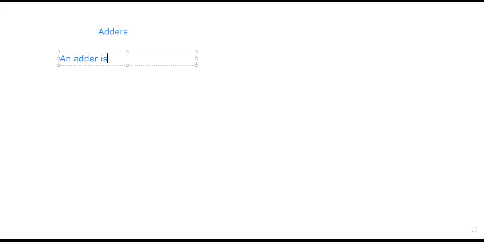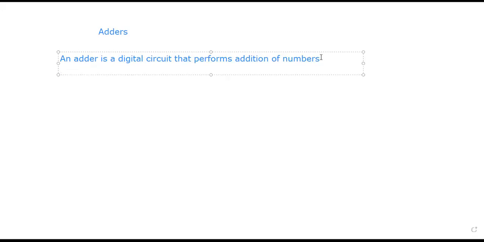Basically, an adder is a digital circuit that performs addition of numbers. It is used for binary addition.